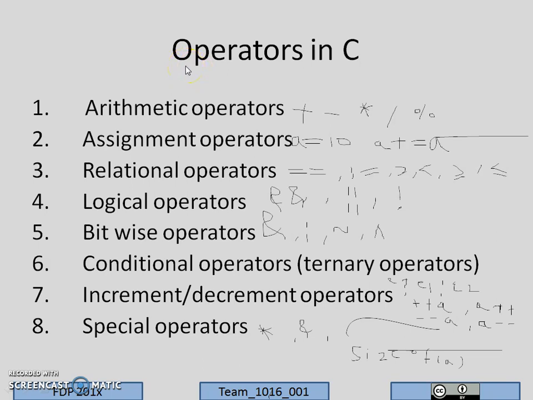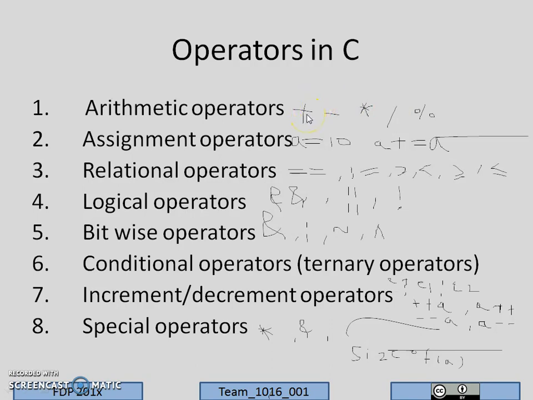In C language, the following are the operators: arithmetic operators, assignment operators, relational operators, logical operators, bitwise operators, conditional operators, increment and decrement operators, and special operators. Arithmetic operators contain addition, subtraction, multiplication, division, and modulo.